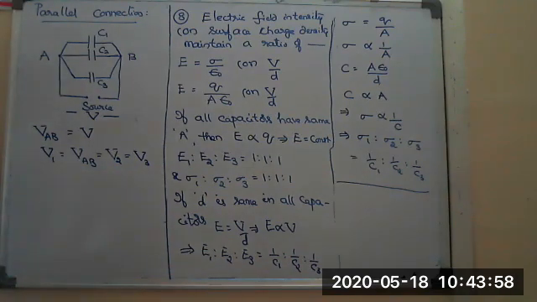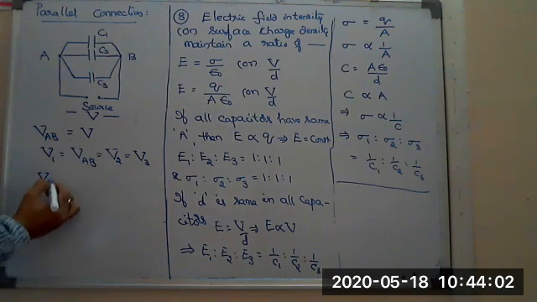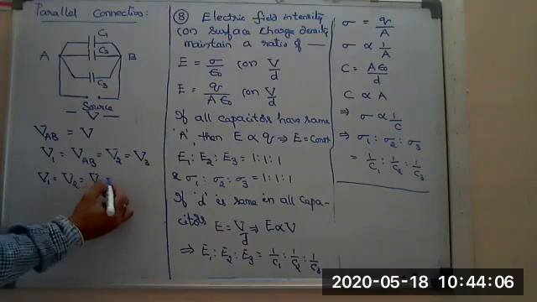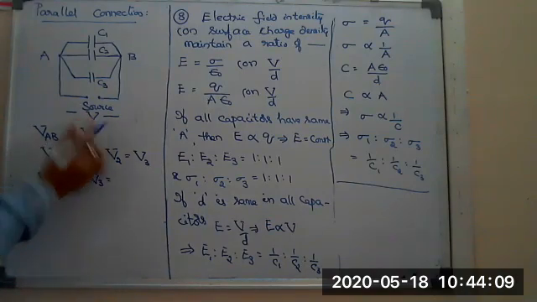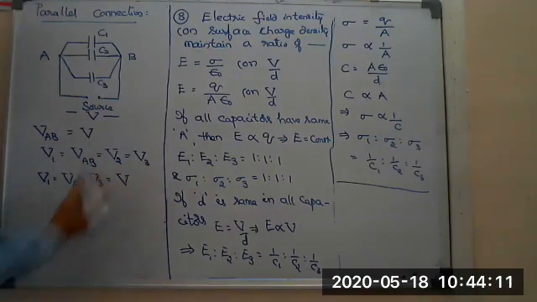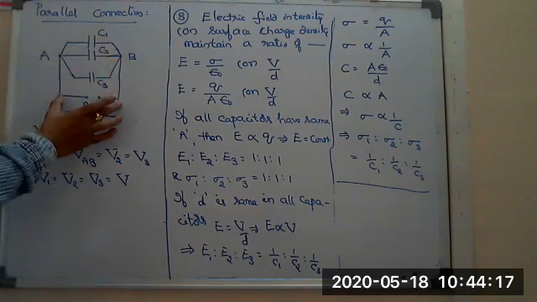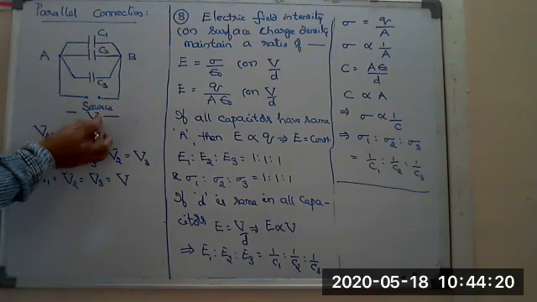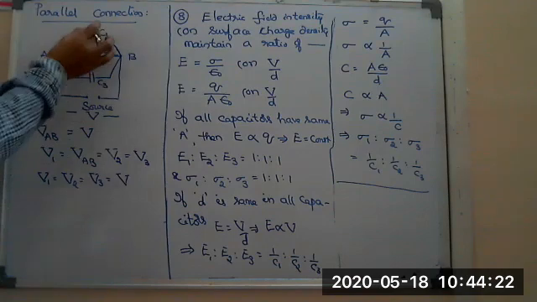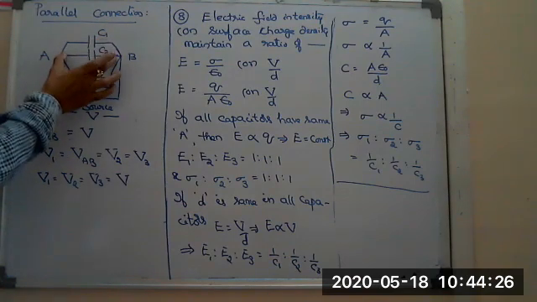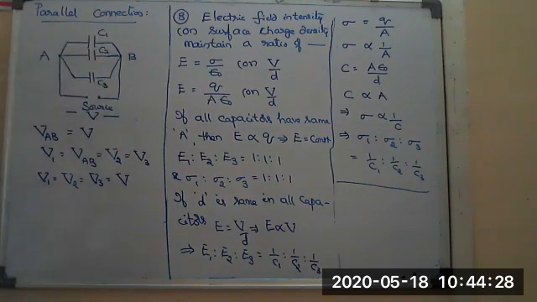So if you see there, you can understand one point: V1 equals V2 equals V3 equals V across AB, which is the potential difference across the ends of the source. In our daily life, if you connect one cell of 1.5 volts here, across each capacitor the potential difference will be 1.5, 1.5, 1.5 each.